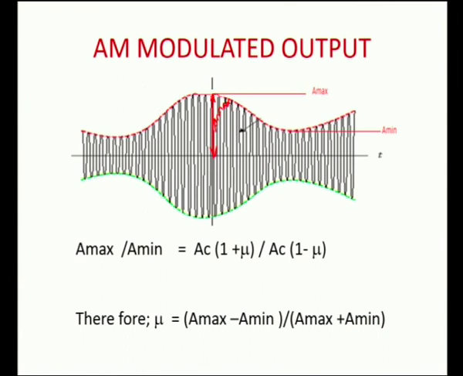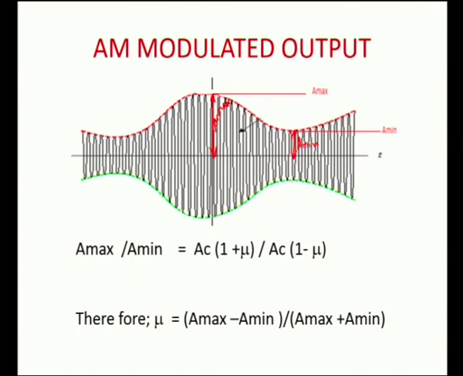After measuring this point, then you measure A min. A min will be nothing but the minimum-most value that your modulated waveform is going to have. Once again, this should not be measured from here to here. You should only measure this part of it. This will be the A min. So, once you measure A max and A min, then we can calculate the modulation index mu.